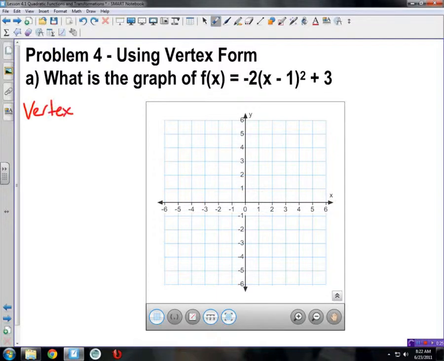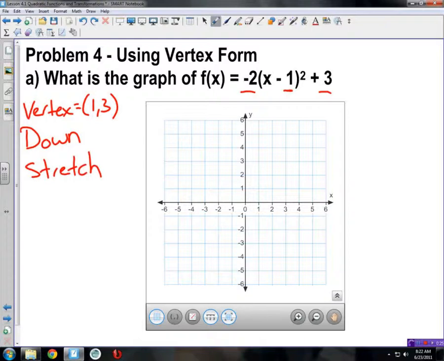Well, the vertex is going to be at 1, 3. Is it going to be facing up or down? If we look at the a value, it's -2, which means it's going to be facing down. And then, is it going to be a stretch or a compression? That a value is 2, which is bigger, so it's going to be a stretch.